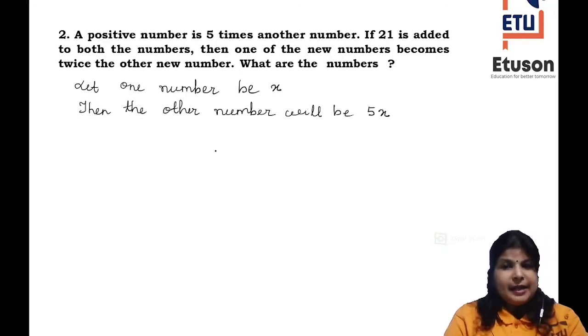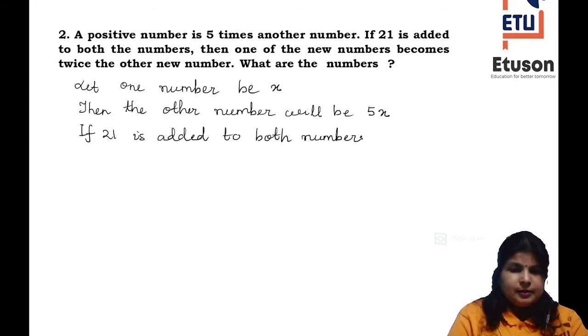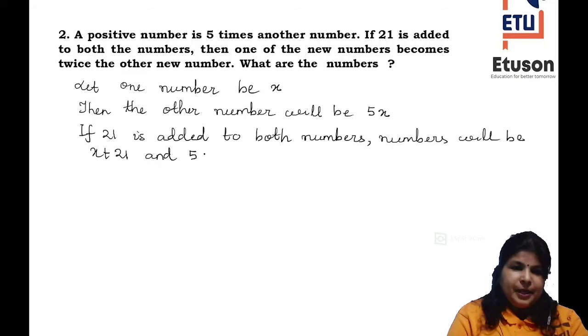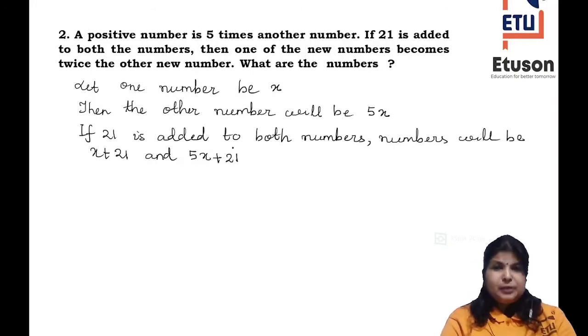If 21 is added to both numbers, the numbers will be x plus 21 and 5x plus 21. Correct. Then one of the new numbers becomes twice the other new number.